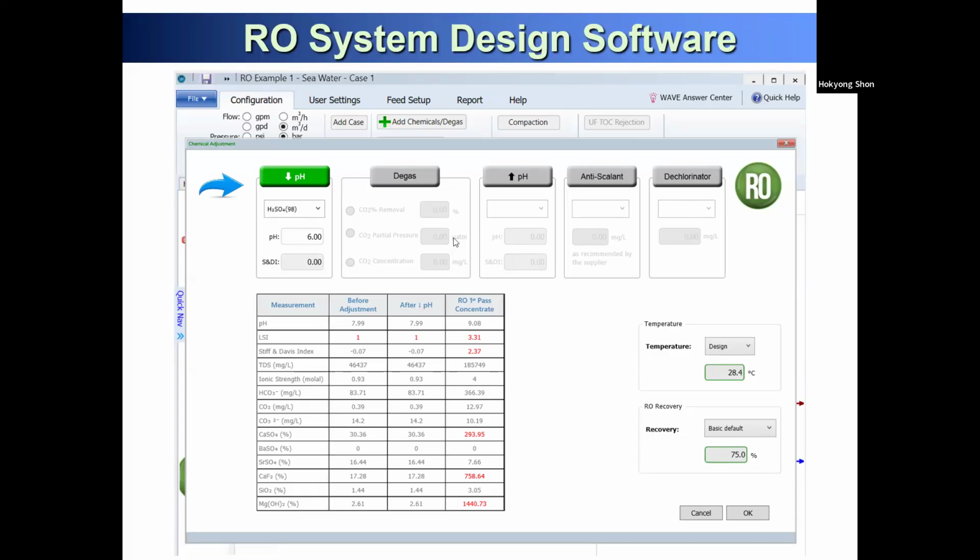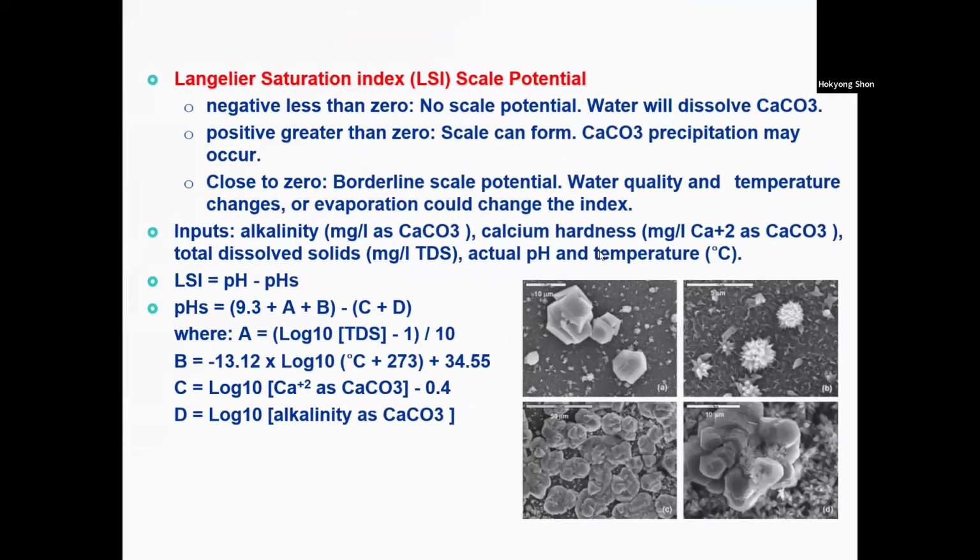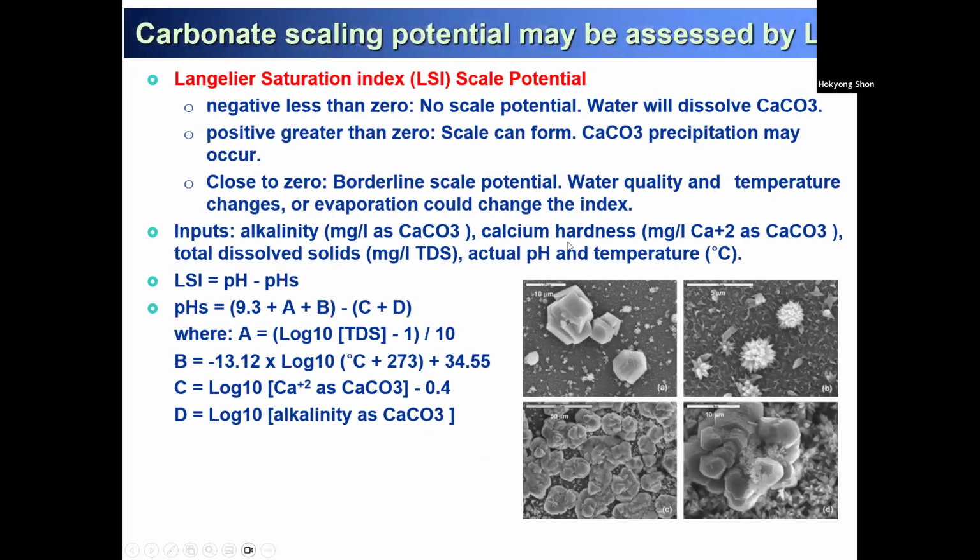So let's see the little bit of detailed LSI value. The LSI value is the carbonate scaling potential. So in the software, LSI value is very important because you can see what fouling could be created on the membrane surface. The calcium carbonate, calcium phosphate, calcium sulfate could be the major fouling condition.